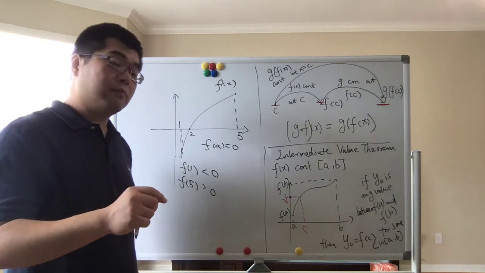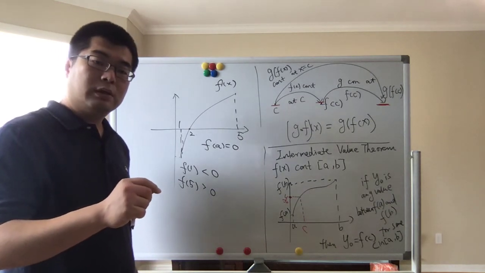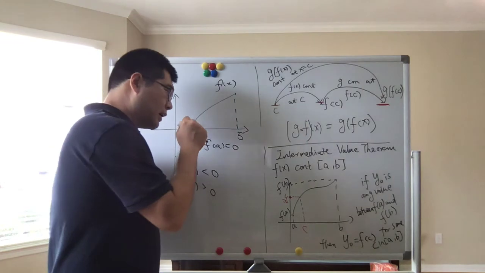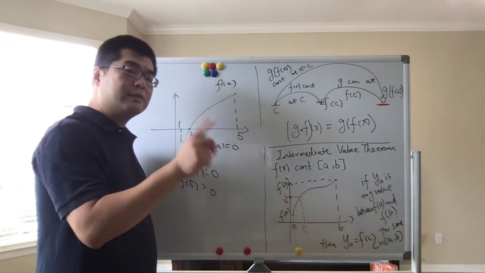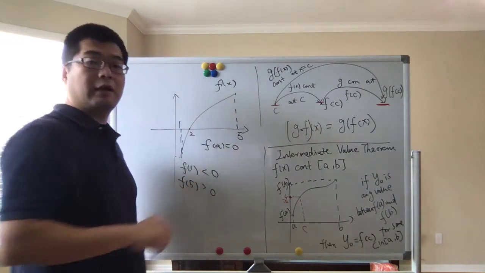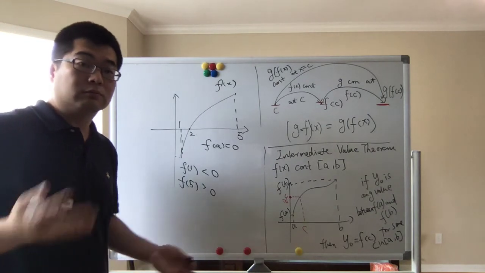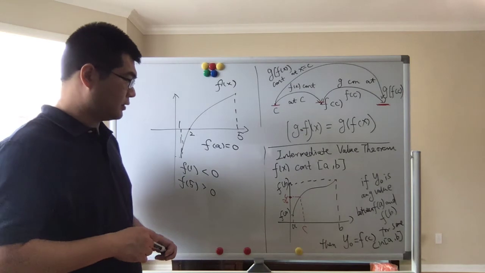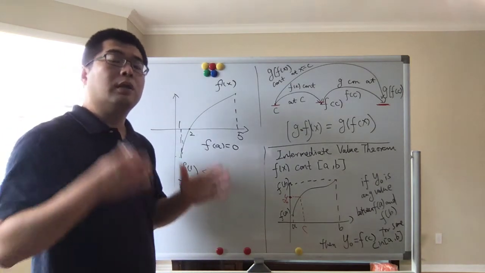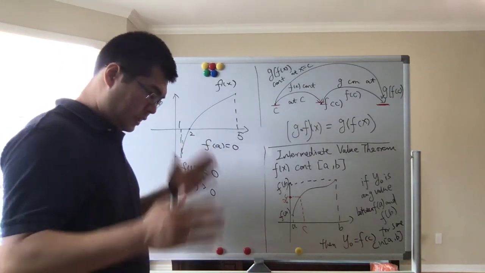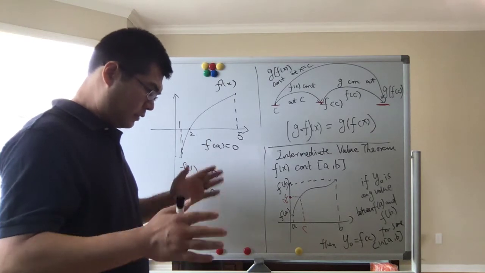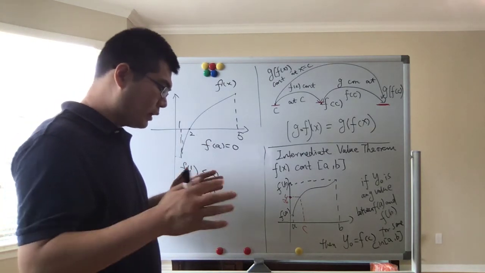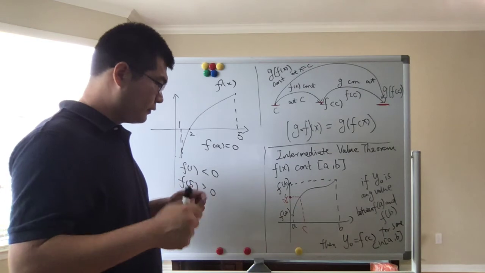Then I can make the conclusion that there's going to be at least one zero for my function f of x, okay? So this is one of the direct applications, to make a good location estimate to find the zeros of this function.